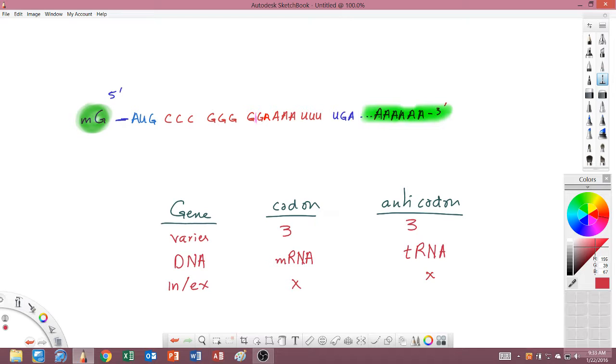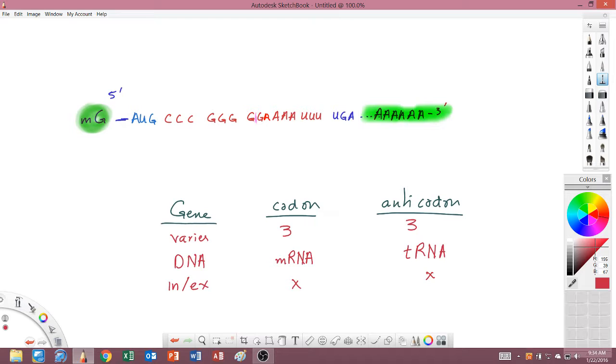At the end of the day, a gene is a sequence of DNA of variable length, depending on the gene. Codon is a sequence of mRNA, only 3 nucleotides in length. Anticodon is a sequence of RNA, only what RNA? tRNA, and 3 nucleotides in length.